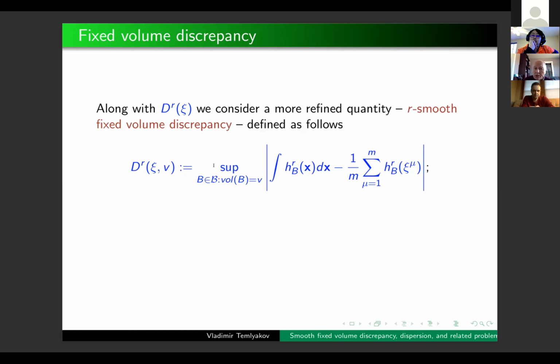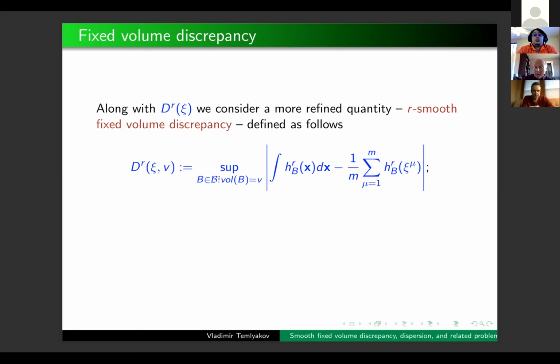Now when we take the supremum, remember we talked about the supremum with respect to Z and U, but now we can write this in terms of B, where B is the box where our smooth function is defined. So this is the same. But now, and this is more convenient to write, we fix this volume.